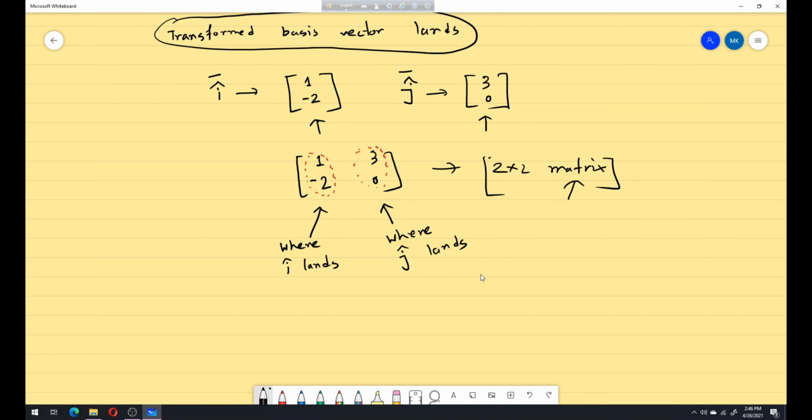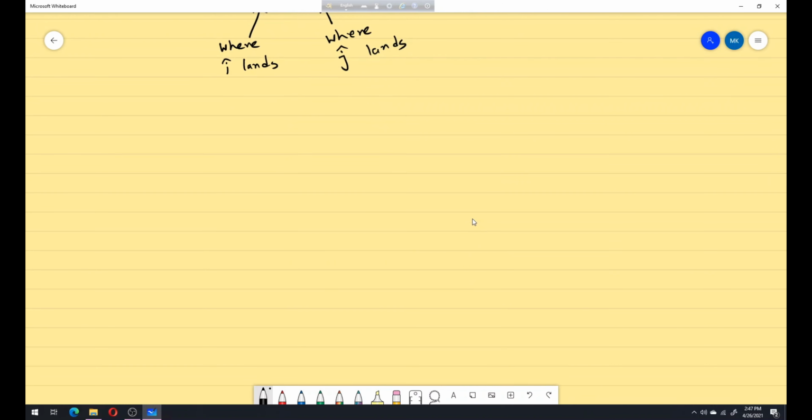Okay. So as I was saying, if you are given a 2 by 2 matrix describing a linear transformation and a specific vector, and you want to know where the linear transformation takes that vector, just take the coordinates of the vector, multiply them with the columns of the matrix, then add together, and you will get the transform vector. For example, let's say you have a matrix 3 minus 2 and 2 1.